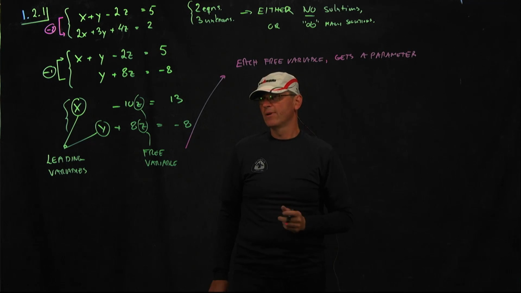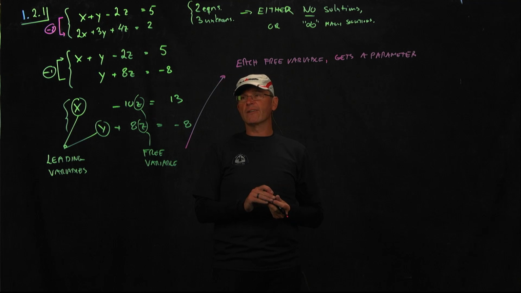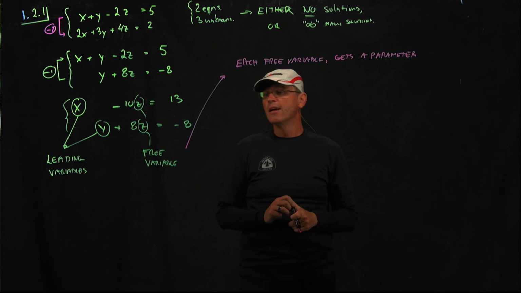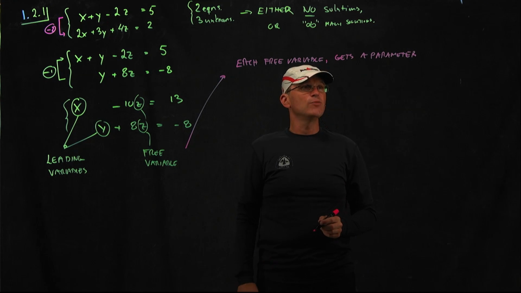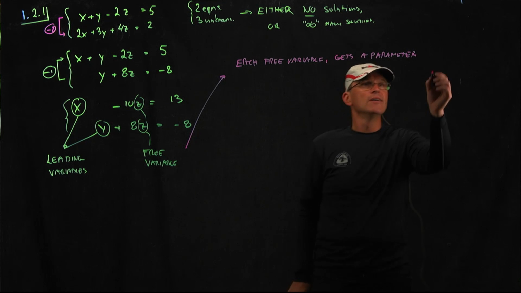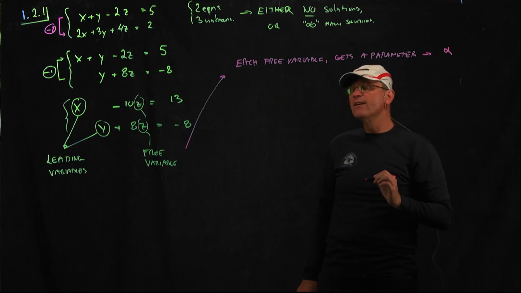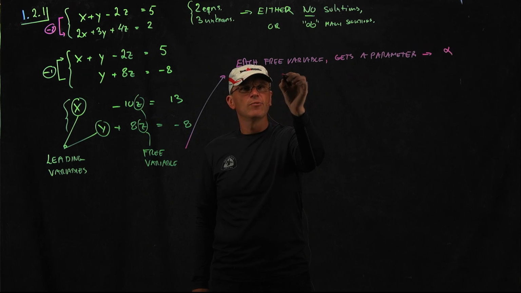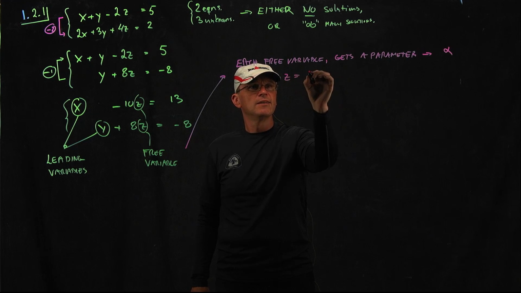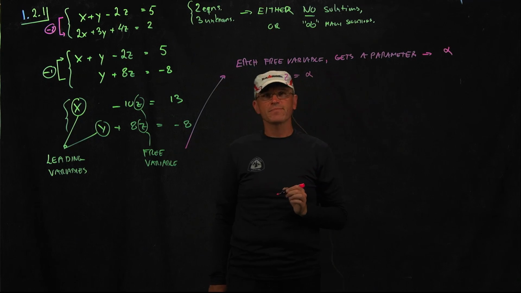Last time we picked our favorite letter of the alphabet to be T. So let's pick something else this time. So this time, let's pick from the Greek alphabet. Let's pick alpha. So we have that Z equals alpha.